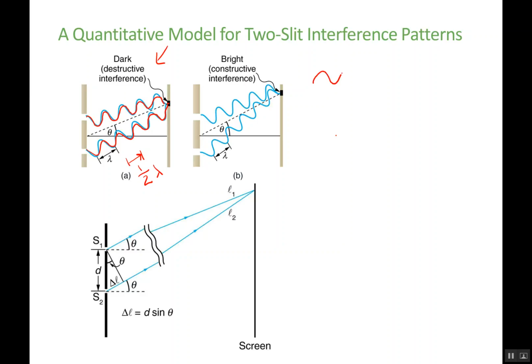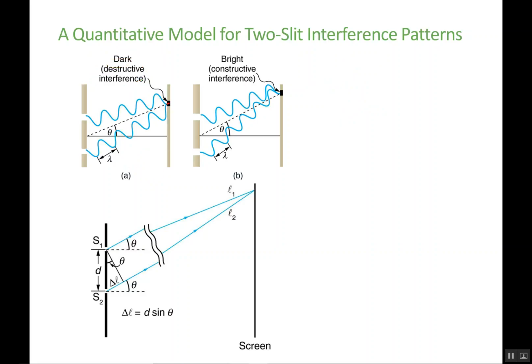So if you have two waves and you shift one wave exactly half a wavelength relative to the other wave, you'll have a situation where the peaks of one of the waves line up with the valleys of the other wave, and you'll have completely destructive interference, and this gives you a dark spot.